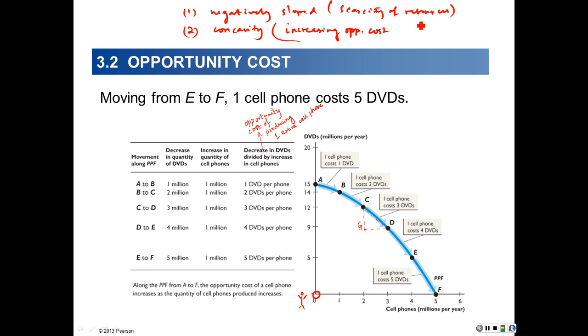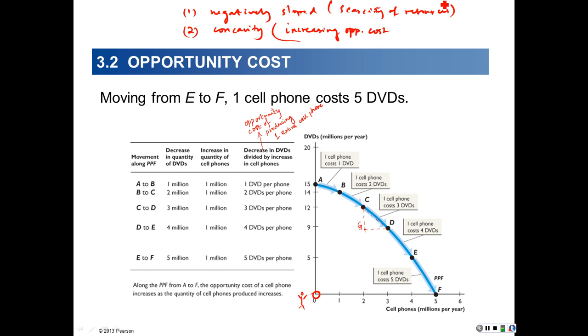And that's the implication of concavity. If we had a straight line PPF, then the opportunity cost would be constant. Do you follow me? If we had a straight line PPF, as we increased cell phone production from 1 million to 2 million to 3 million, etc., we'd always need to give up exactly the same quantity of DVDs. There'd be constant opportunity cost.